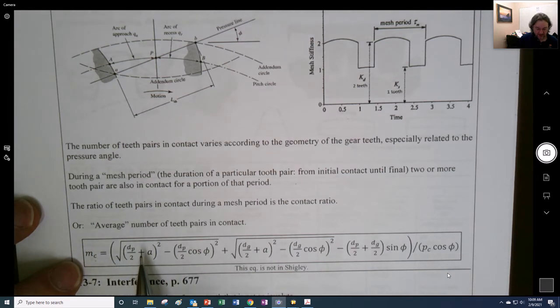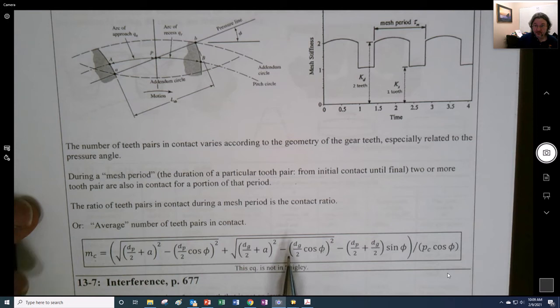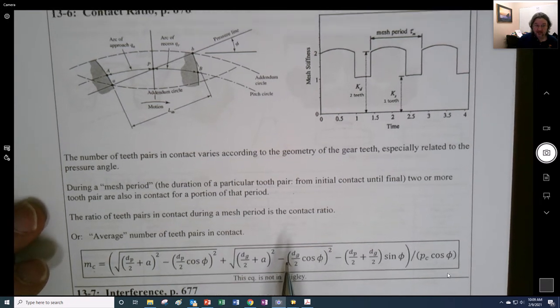And it's a function of many things in here, but you'll see that pressure angle is one of them. Pitch is also involved because we have the diameters, right? Number of teeth are also involved. So it is a function of all those things, right? The number of teeth, the pitch that we choose, and the pressure angle.